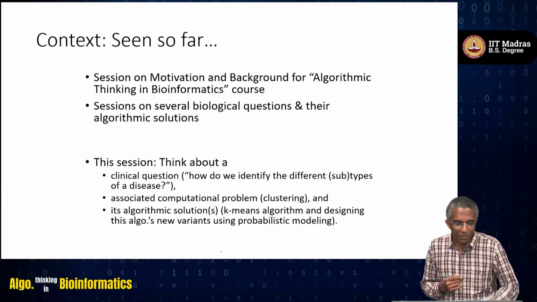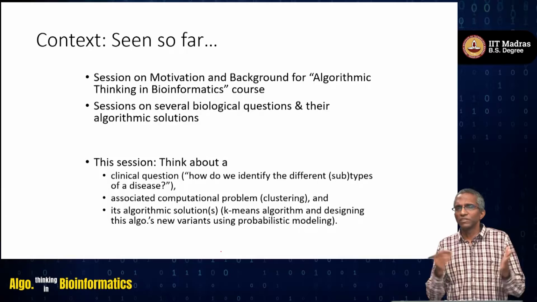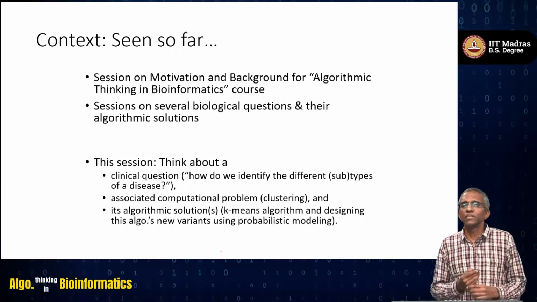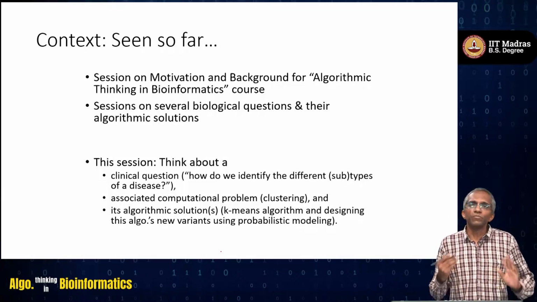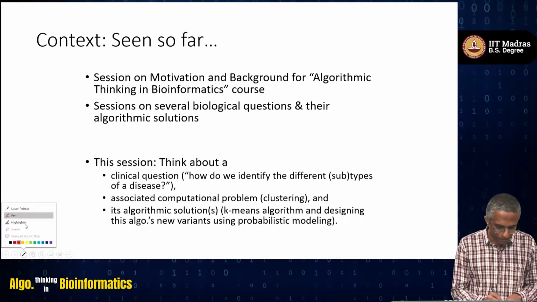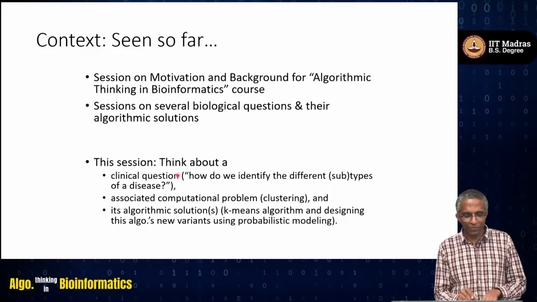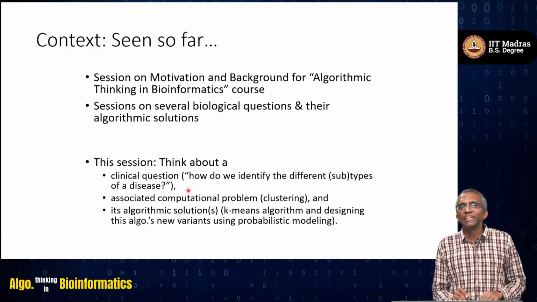So let's jump right into it. We have looked at several sessions on several biological questions and their computational problems and algorithmic solutions. Today we'll be looking at this clinical question of how we identify the different subtypes of a disease from data measured from different individuals.